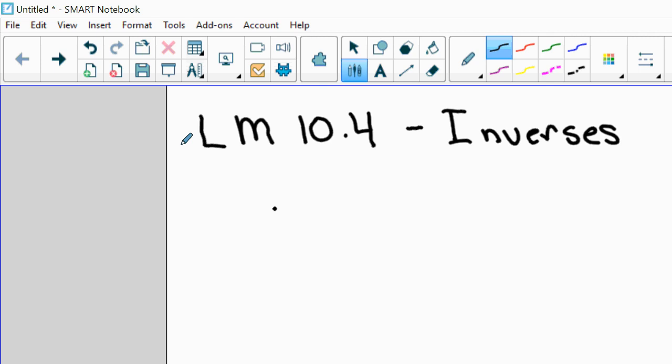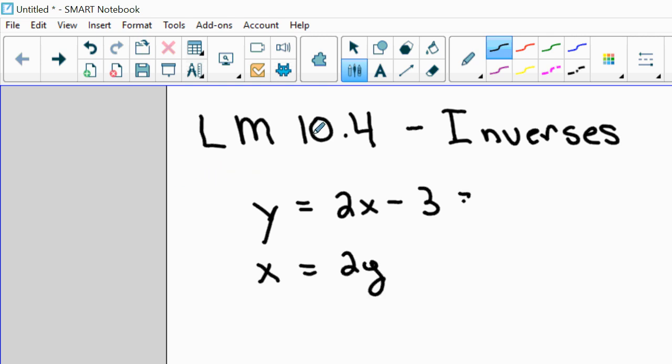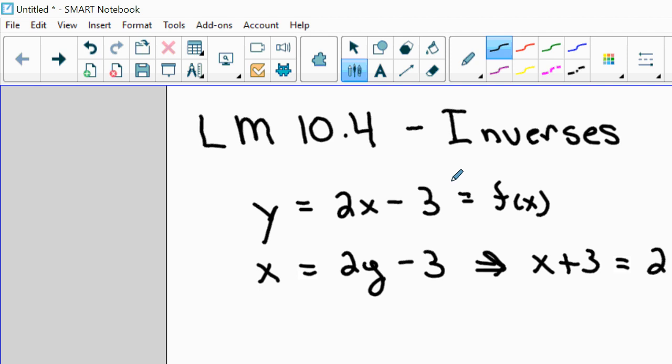So if I give you a line, y equals 2x minus 3, and you switch x and y. By the way, this is also called f of x. We know a line is a function because it passes the vertical line test. And then you add 3 and you divide by 2.